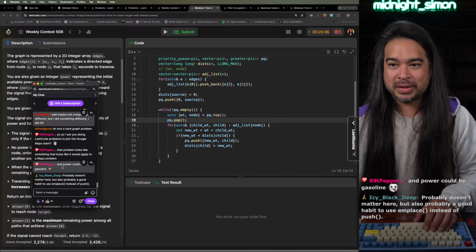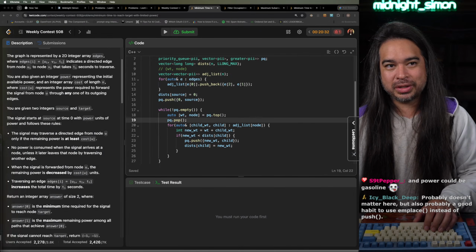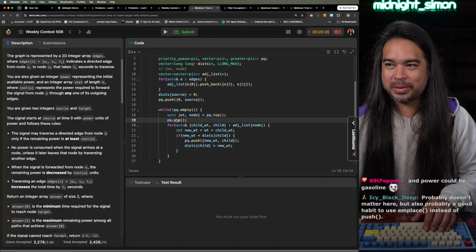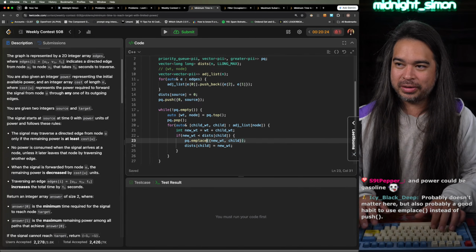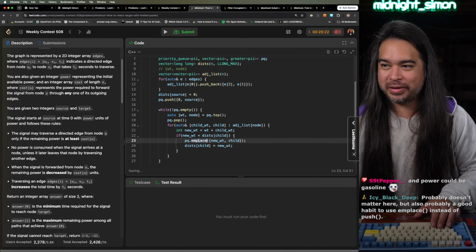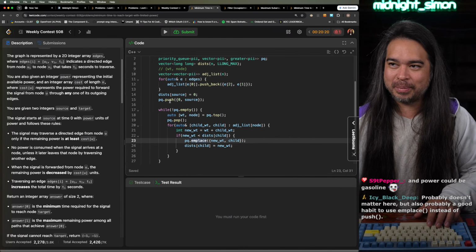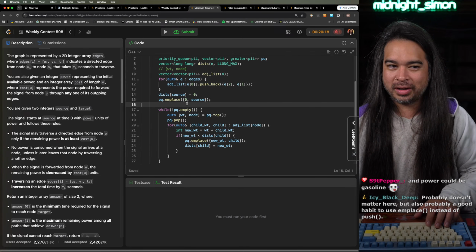Probably doesn't matter here, but also probably a good habit to use emplace instead of push. What's the difference? I know some people use emplace instead of push, but I don't really know what the difference is. I think I looked it up one time, man, and I don't remember.